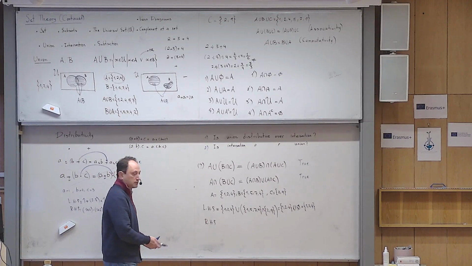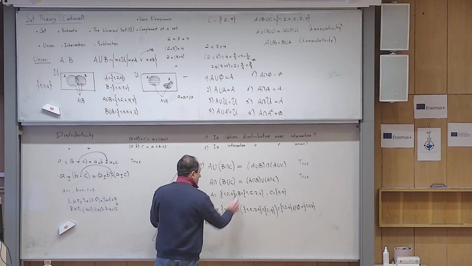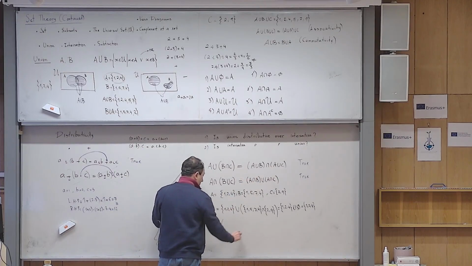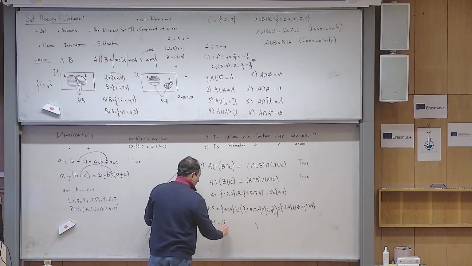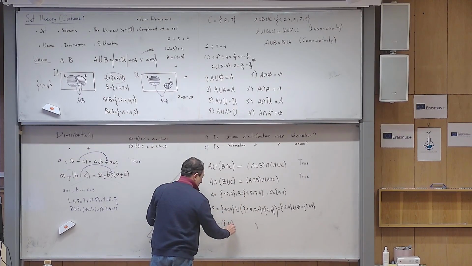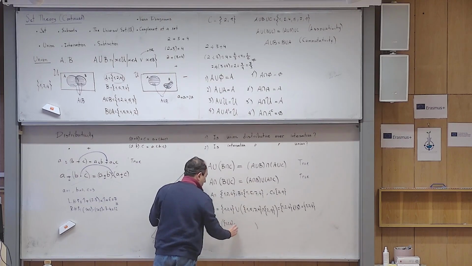Do you agree? This is the left-hand side. The right-hand side, I have a pair of brackets. A is my set 1, 2, and 4. And then between A and B, I have union.